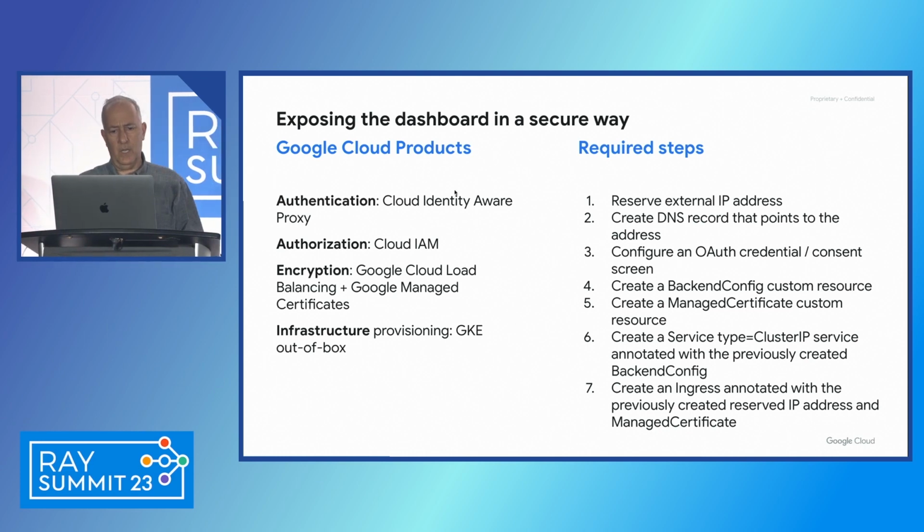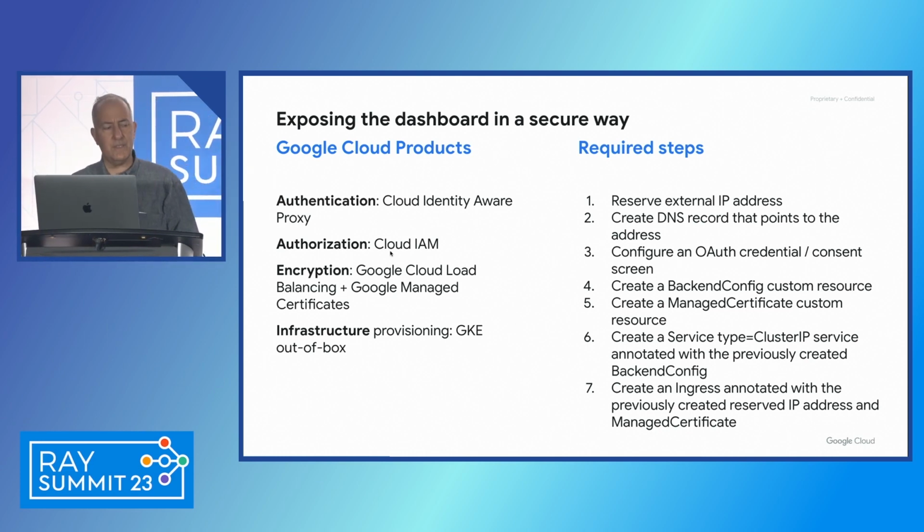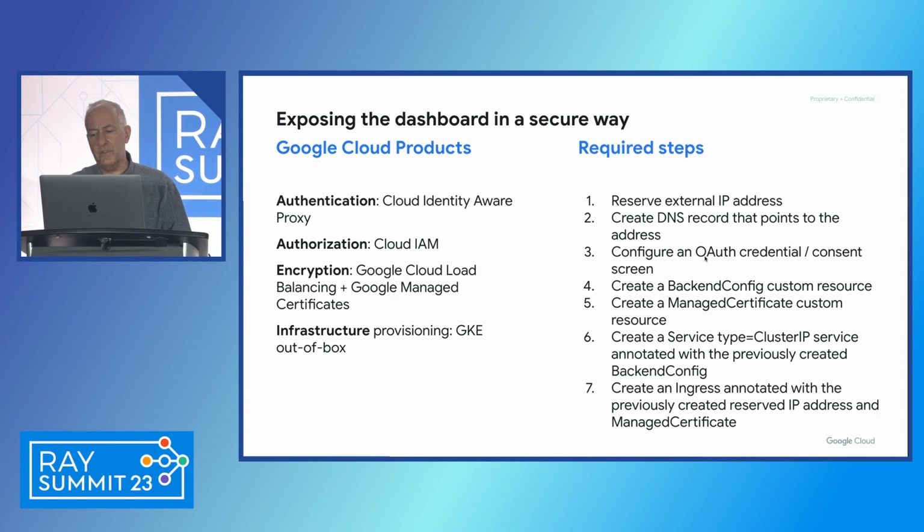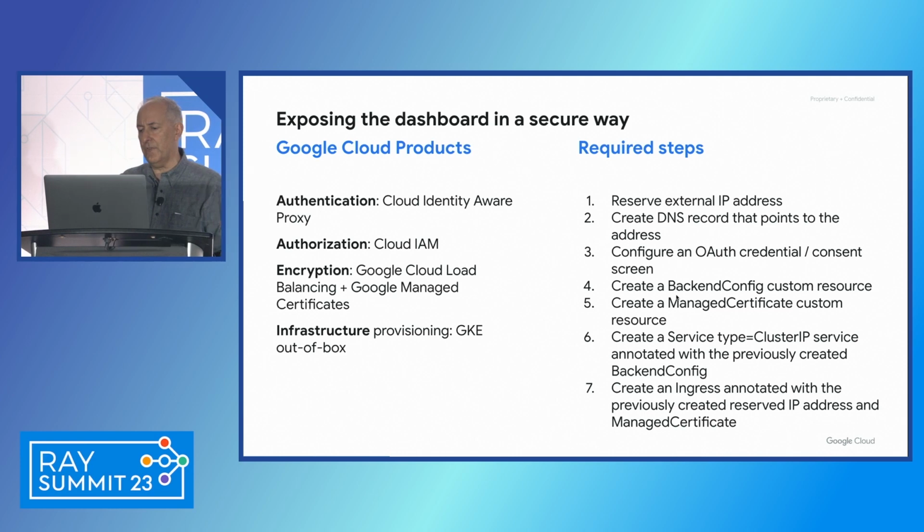And so you use identity-aware proxies, obviously IAM, encryption, but the provisioning is just the basic GKE out of the box. So you reserve an external IP address, you create a DNS record that points to the address, you configure an OAuth credential, and then you create a backend configuration, and then a managed certificate.